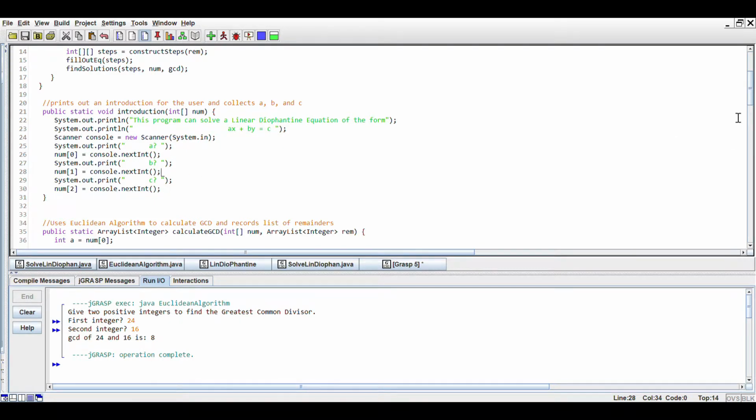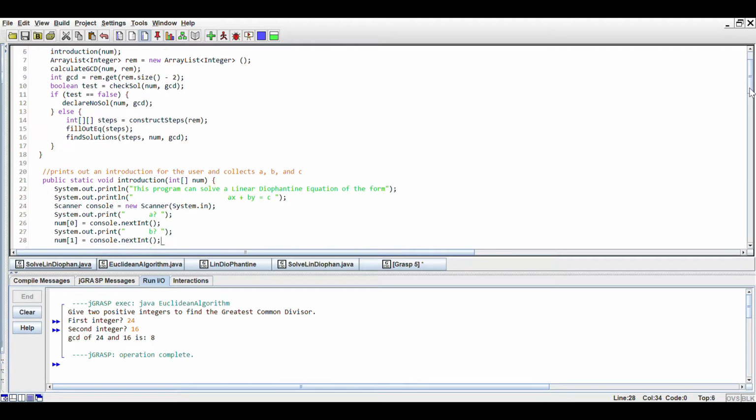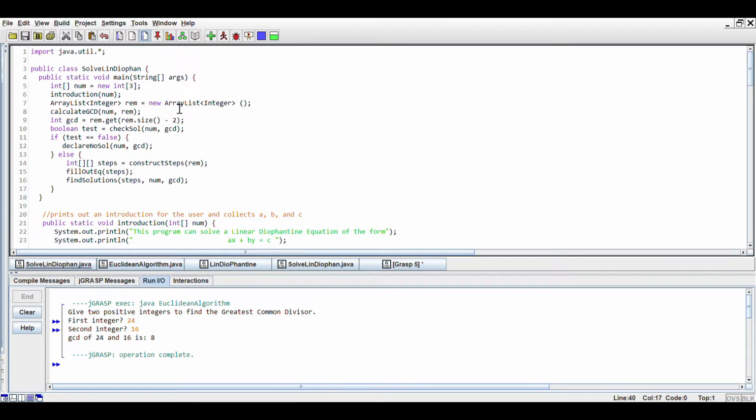So like the last one, it has this introductory method that introduces the program to the user and gets the a, b, and c. And then it passes those to this method, which is essentially the same as the method in the Euclidean algorithm, but as it goes through the cycle each time, it saves the remainder to this array list that I called rem.